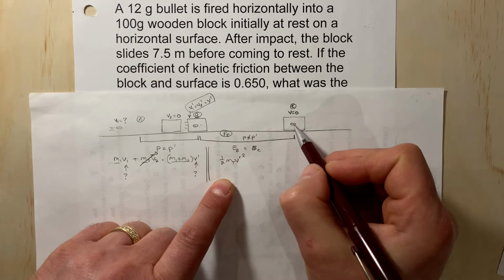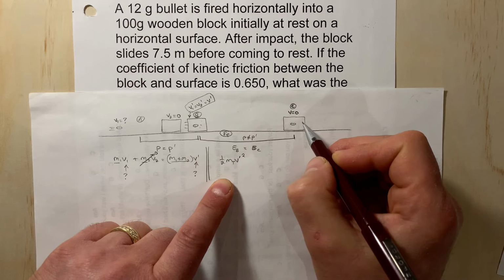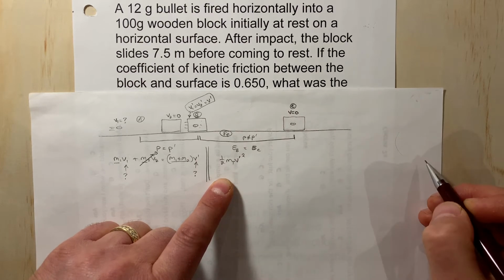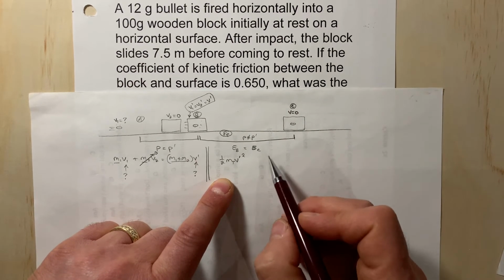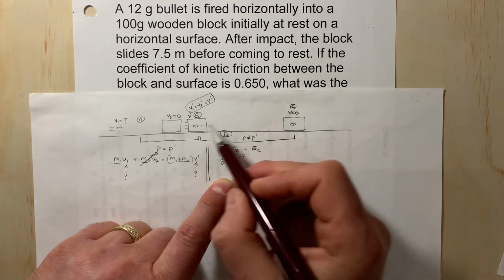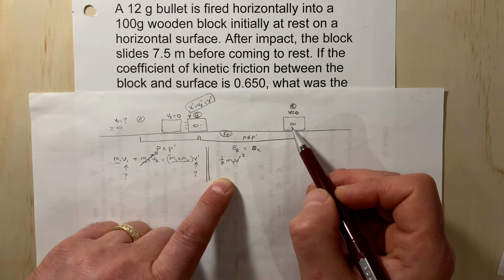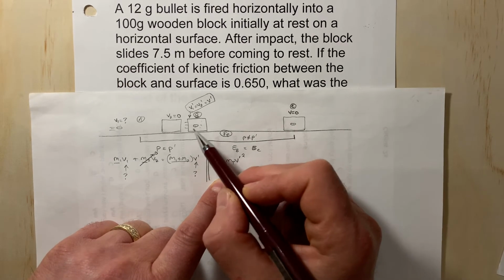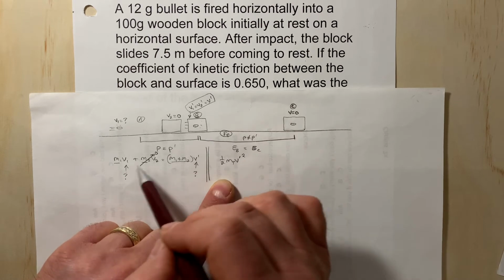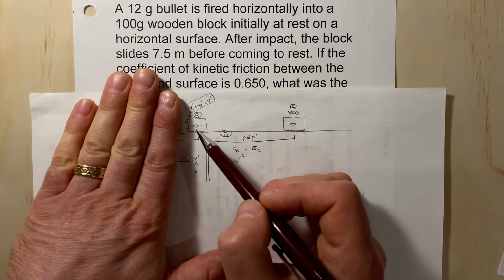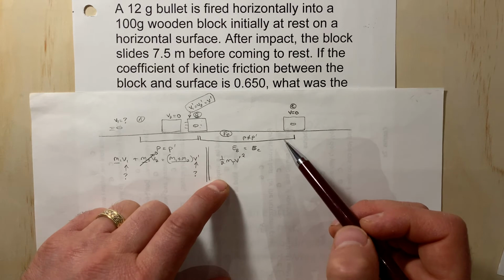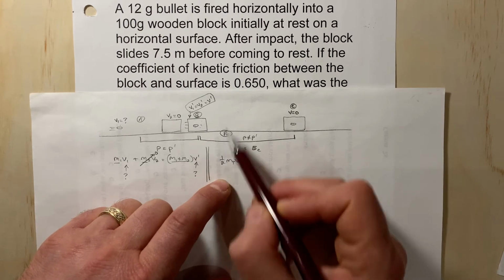The height here and here are the same. So H1, H2 are the same. Again, if you think of the big, long conservation of energy equation, I'm canceling out heights. There's no elastics in this. There's no applied force other than the bullet hitting the block, but we kind of take that into account here. So immediately after the collision, there's no applied force. So there's nothing else.